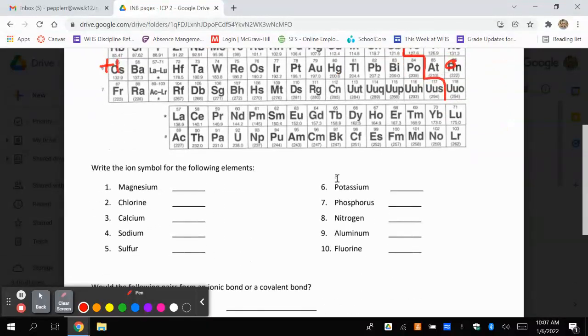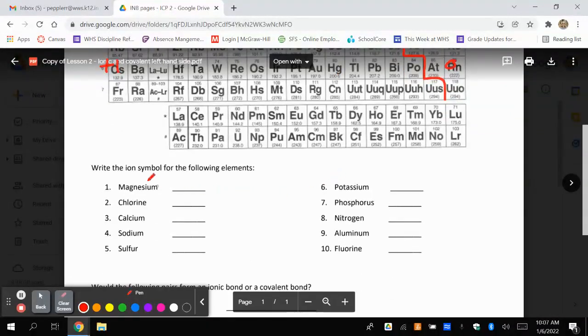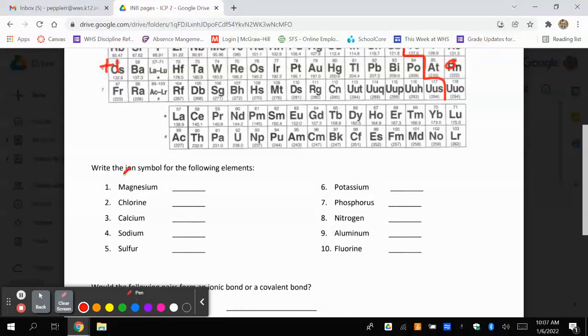Down below here, the first part wants you to write the ion symbol for the following elements. To write the ion symbol, the first step is to write the symbol for the element. We'll start with magnesium, Mg.